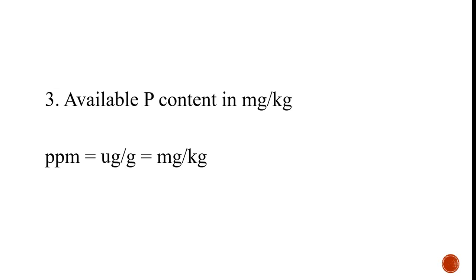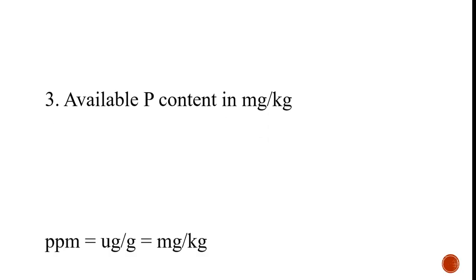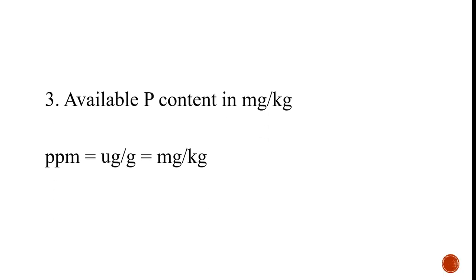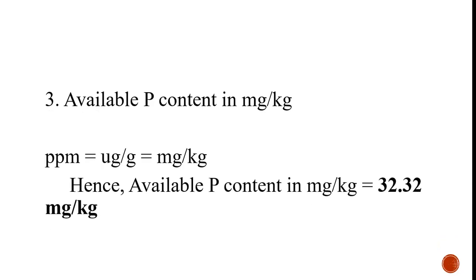So in the earlier question, we calculated the phosphorus content in micrograms per gram to be 32.32 micrograms per gram. So to calculate the content of phosphorus in milligrams per kilogram, since they are the same, it's going to be the same thing. So the available phosphorus content is going to be 32.32 milligrams per kilogram.